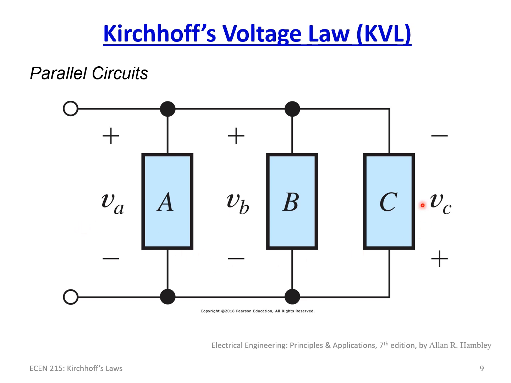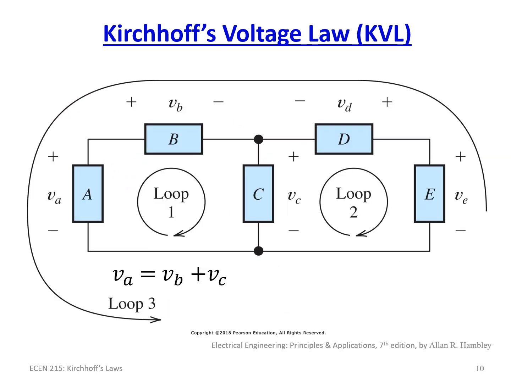So kind of taking a look at this circuit again, VA, VB, VC. Here we have two separate loops. We have loop 1 and we have loop 2.